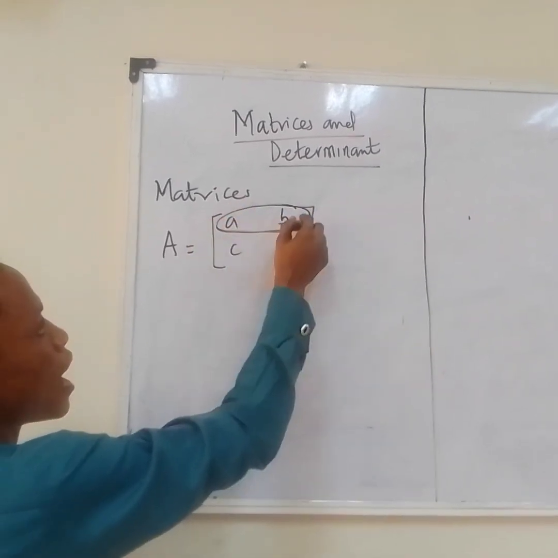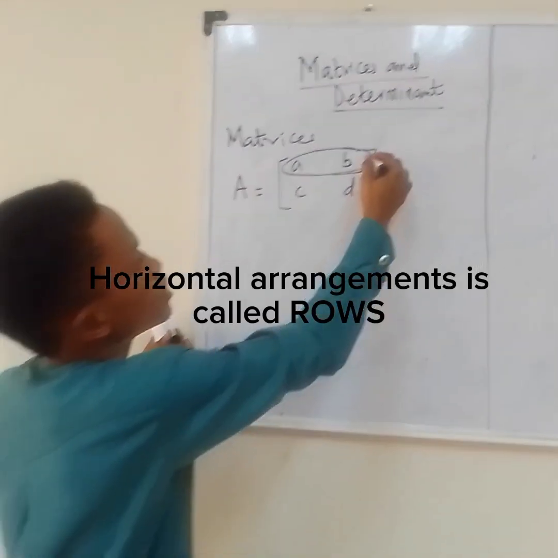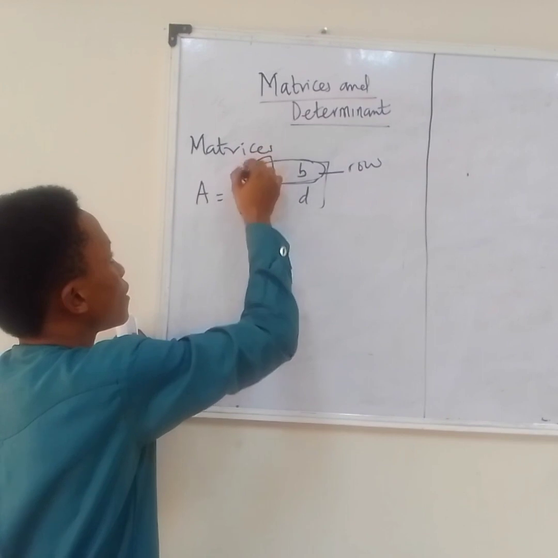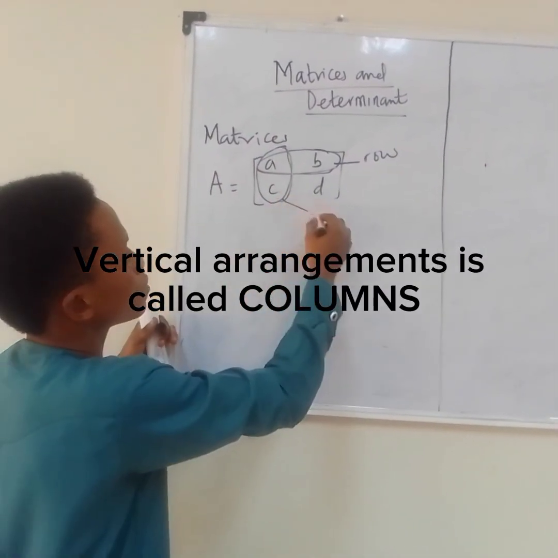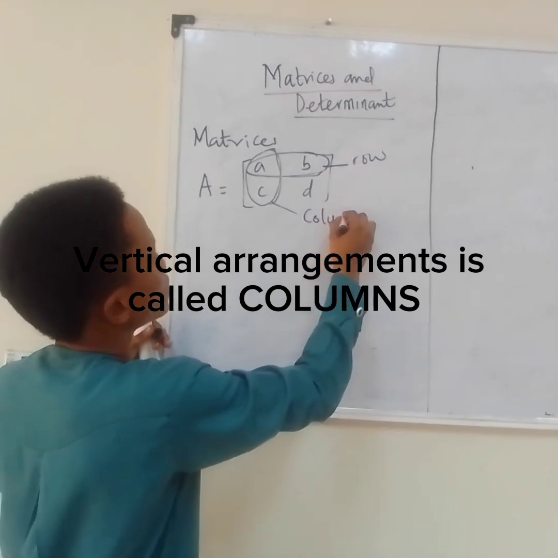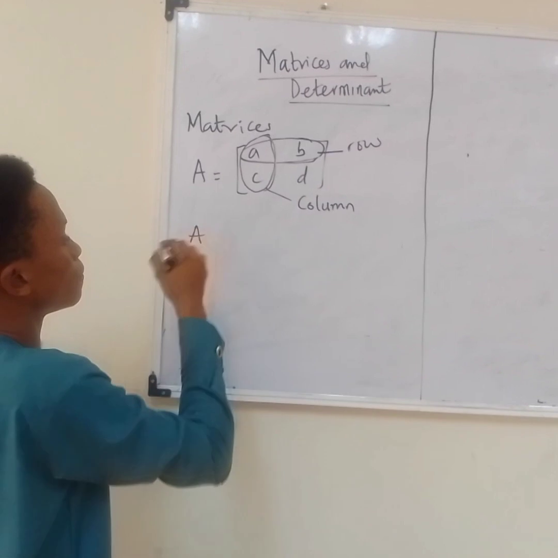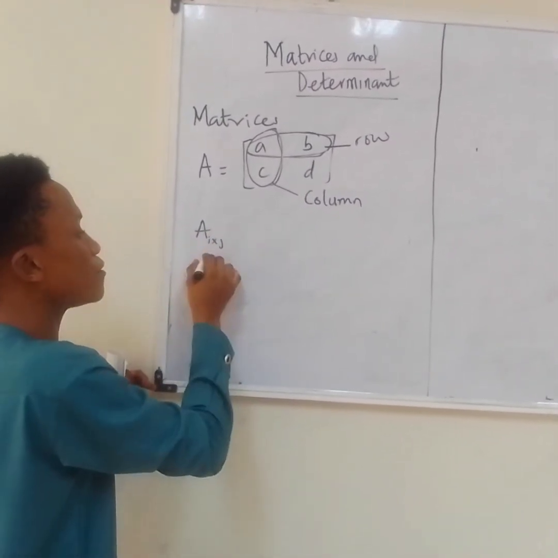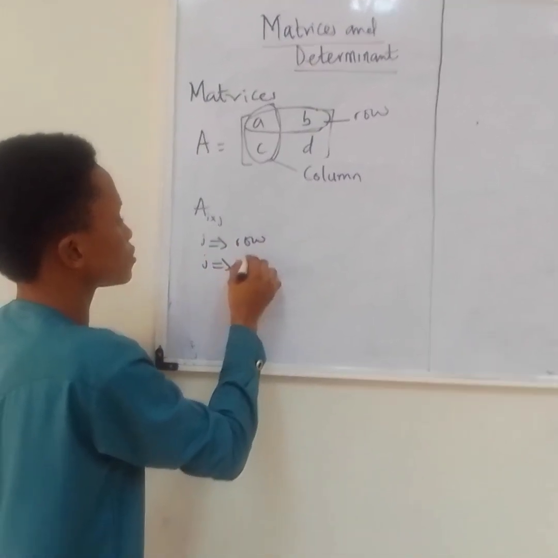The horizontal arrangement of numbers or elements is what we call rows, while the vertical arrangement of numbers is what we call columns. One thing about a matrix is that it has to do with your matrix A, i times j. The i represents rows and the j represents columns.